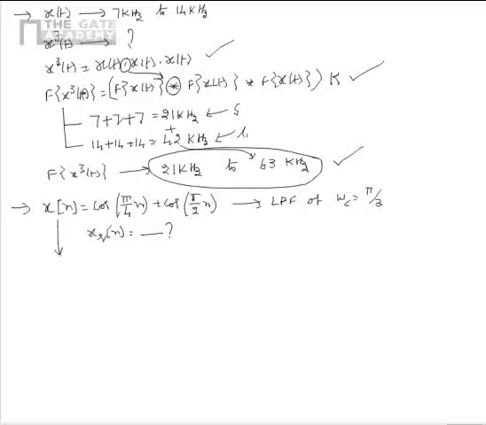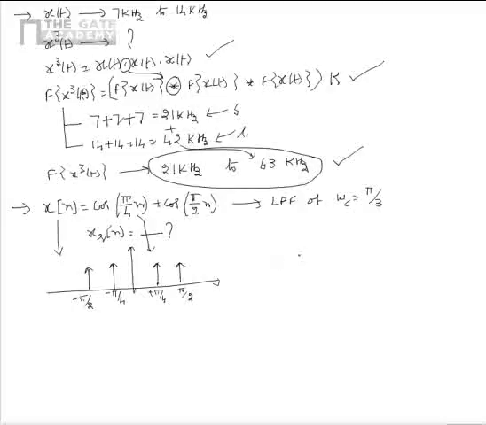We know that the frequency domain representation of x of n for one band can be plotted as shown. The frequency domain representation will have impulses at plus pi by 4 and minus pi by 4. This corresponds to cos pi by 4n, and another set of impulses at plus pi by 2 and minus pi by 2.